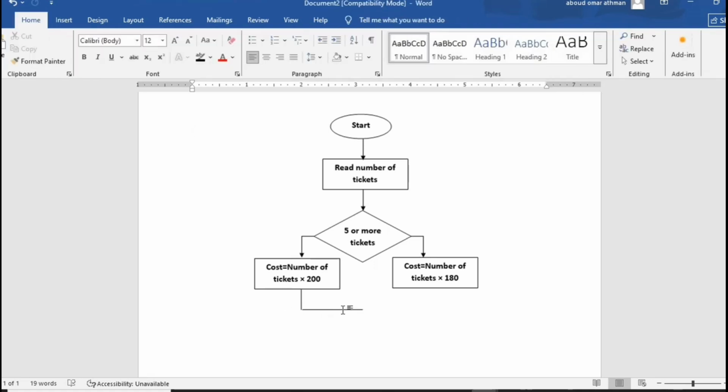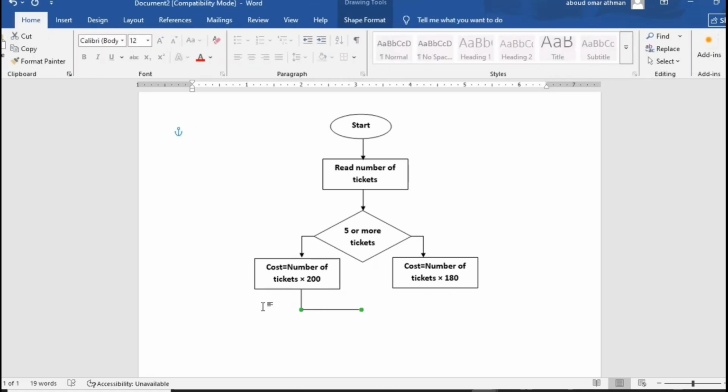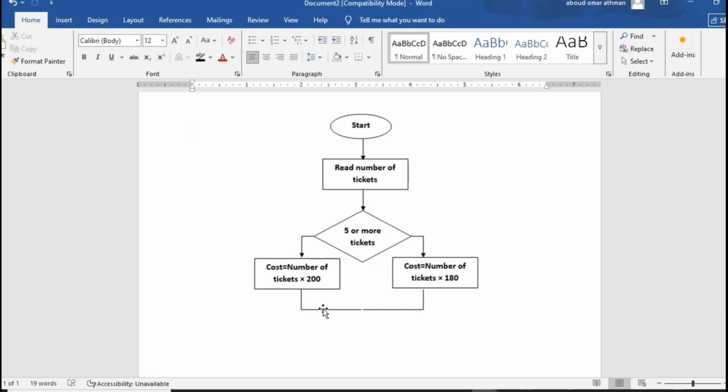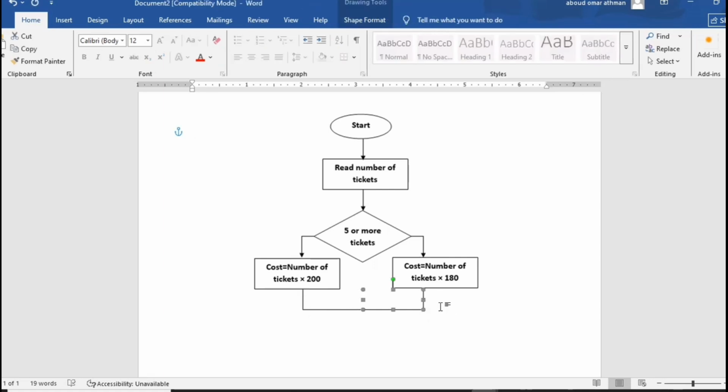bought. So if there are, let's say, 5 tickets exactly, 10% off 200 is 180, and that is where you get the cost that the fan will pay in this case: the number of tickets, which will be 5, multiplied by the discounted price of 180.